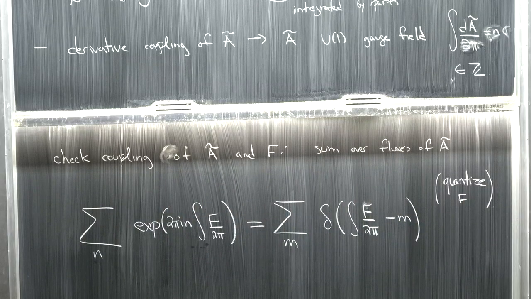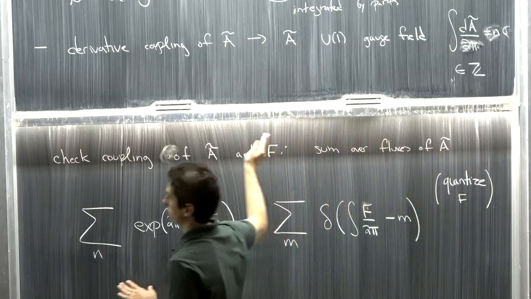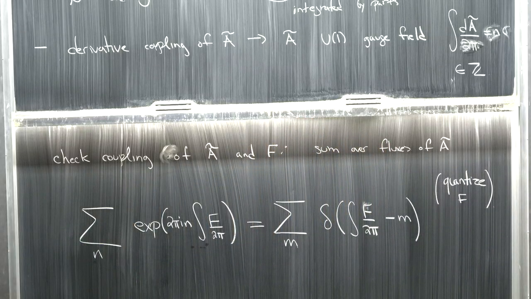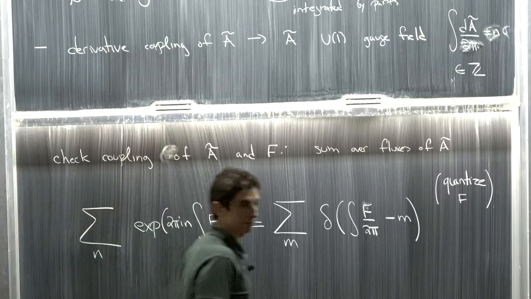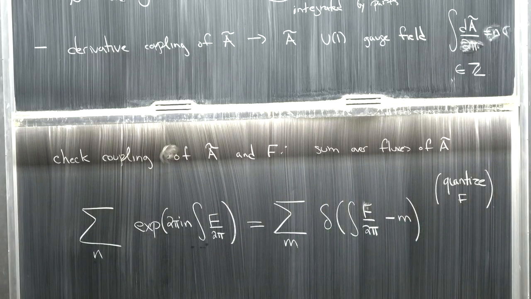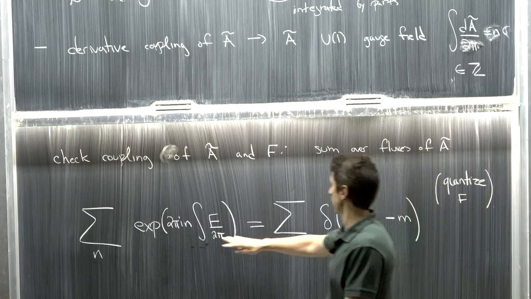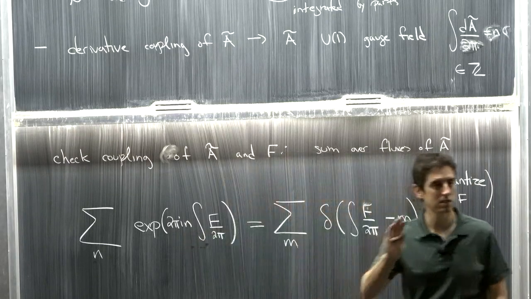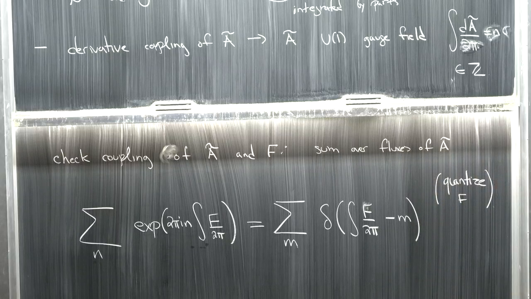So I'm trying to cook up A tilde and its couplings such that the integral over A tilde and F is equivalent to the original integral just over A. Yes? Yes, it still works. There's more questions about this. Let's follow up on that detail afterwards. Okay. Let's keep going.